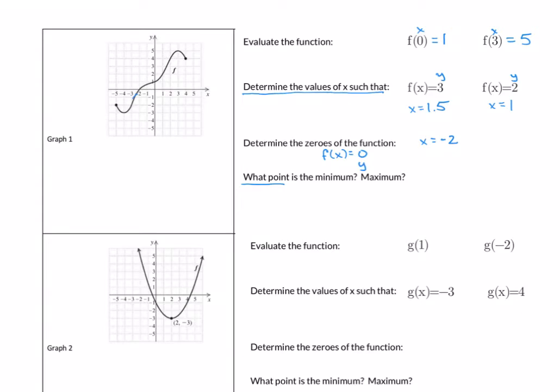So our minimum, we are looking for our lowest point on the graph. Lowest point on the graph occurs here. We want both coordinates. So how far to the left did we go? We went 4 to the left, and we went 3 down. So our minimum point is -4, -3.